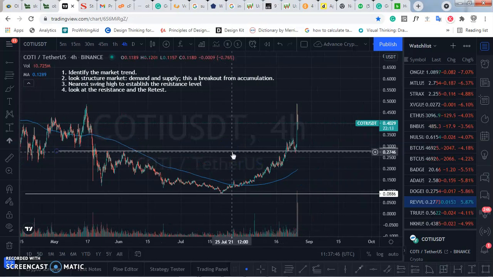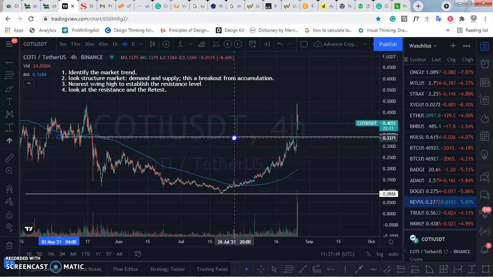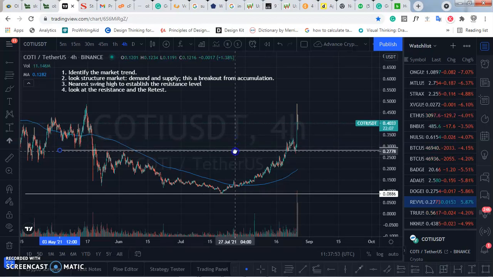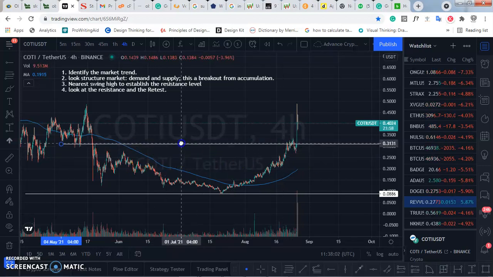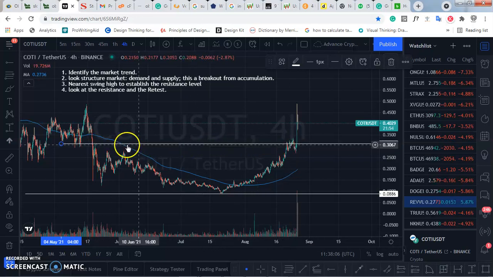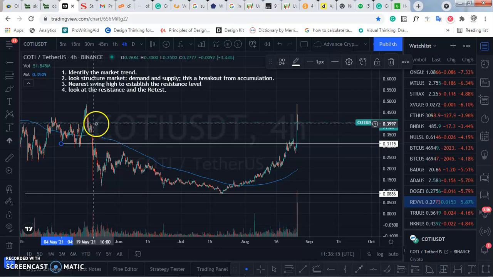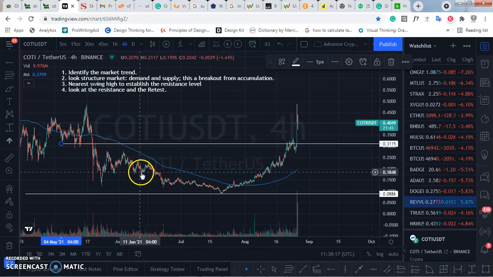Basically, looking at this, you find that this market is on an uptrend. This is one of the basic structures of this market, and obviously we can see the nearest swing high here. The nearest swing high is around this point.